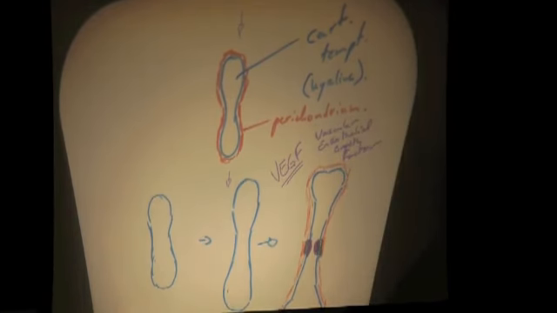Based on the name, what do you think it promotes? Growth of blood vessels. Good. Endothelium, right? Vasculature. So it's promoting the growth of blood vessels. So as chondrocytes die, they start to lay down this hormone within the matrix. Okay.